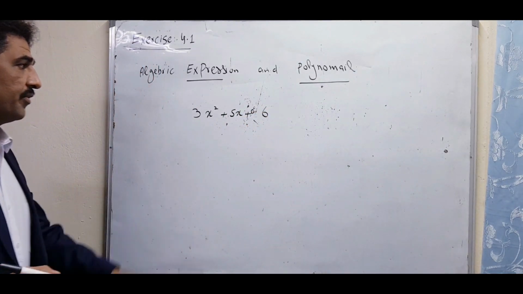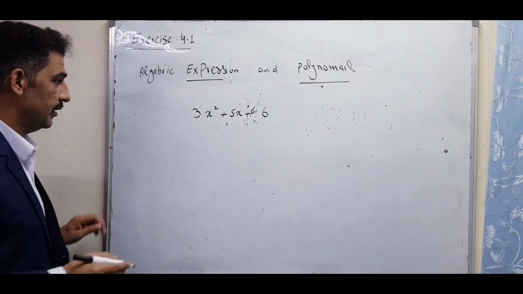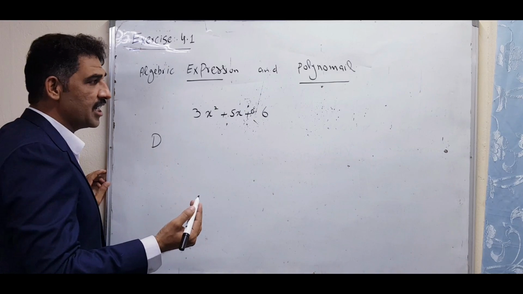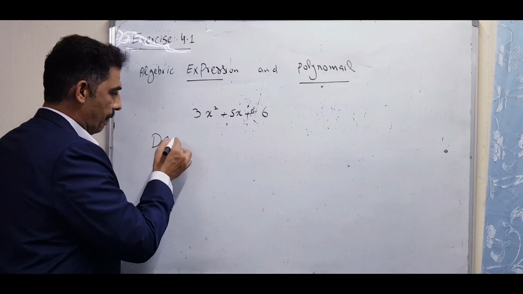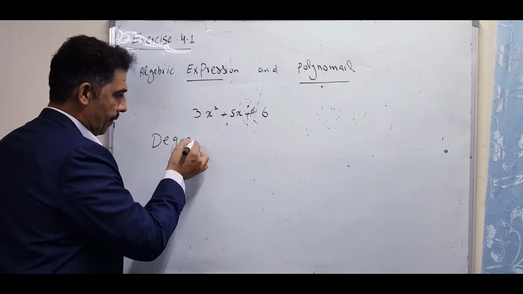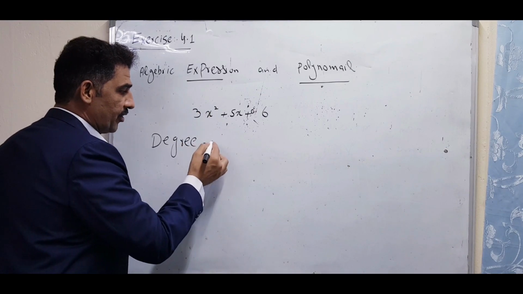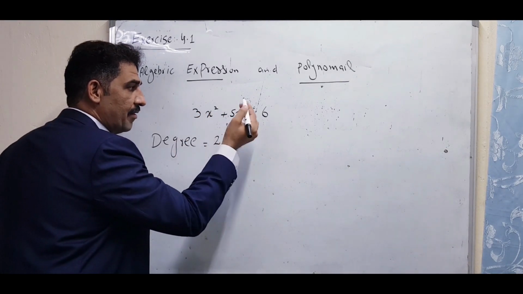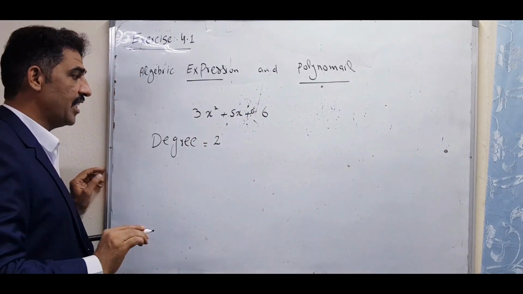What is the degree of this polynomial? Degree means maximum power, the highest power of the variable. The degree of this polynomial is equal to 2. Here the power is 2, here the power is 1, here the power is 0. But the degree is 2.